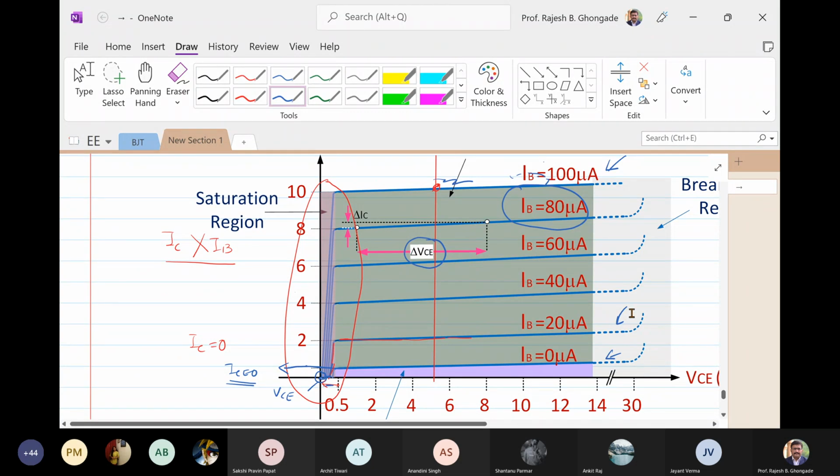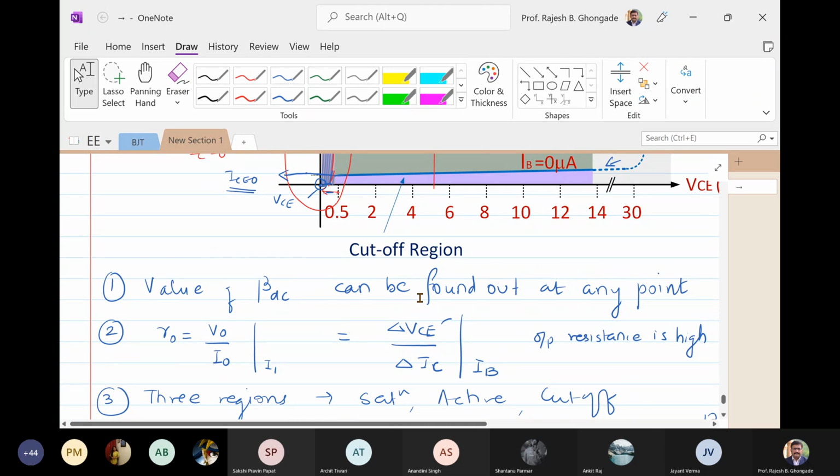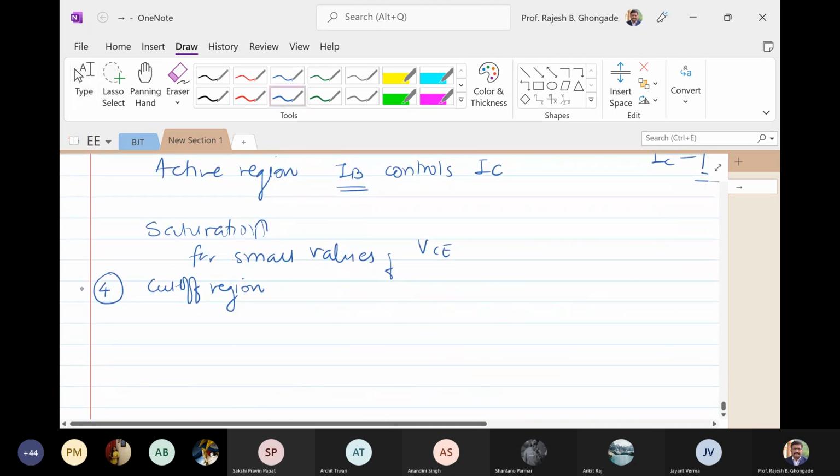In active region itself, continuation में, if I still go on increasing VCE to a large value, again यहाँ पे just like common base, you will be having a punch through effect. We have already seen that punch through effect. So after excess VCE, you have the punch through effect.